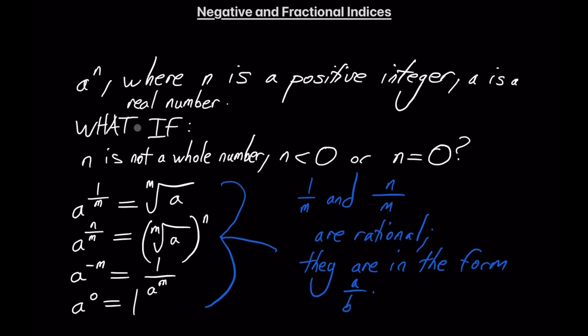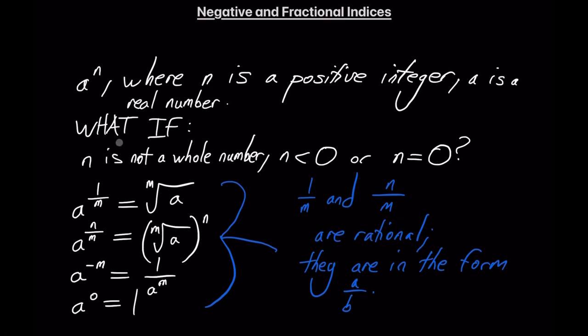Especially in basic math expressions, we see a raised to the power n, where a is a real number and n is a positive integer. In the easier math questions, we always see n being a positive integer, which means n is greater than zero and n is a whole number.